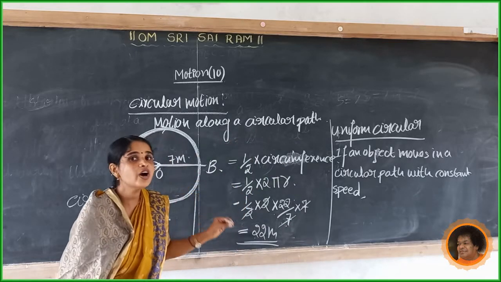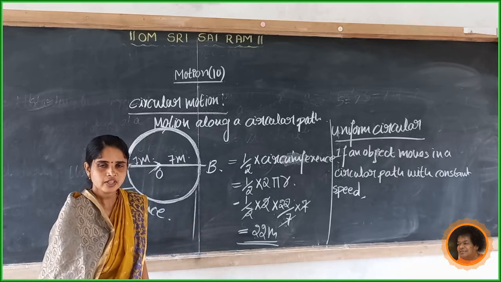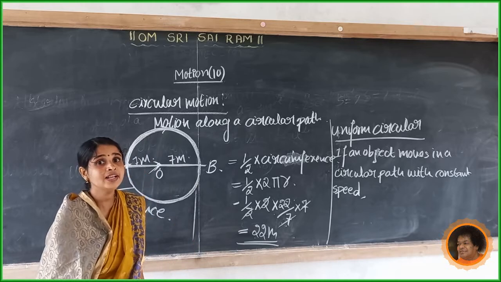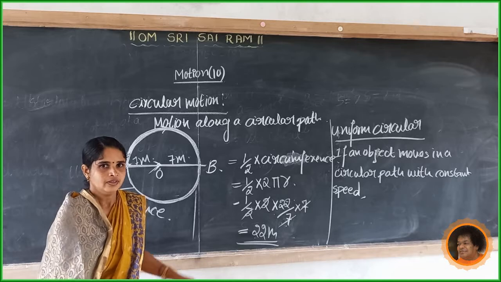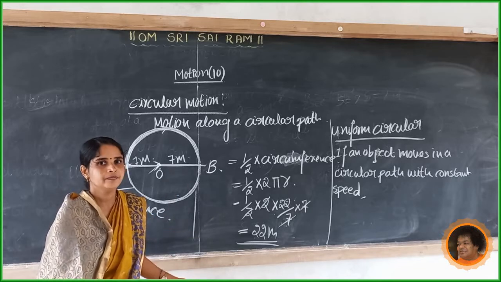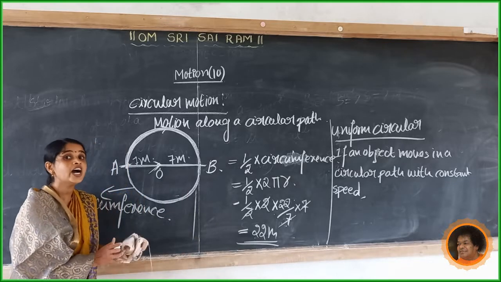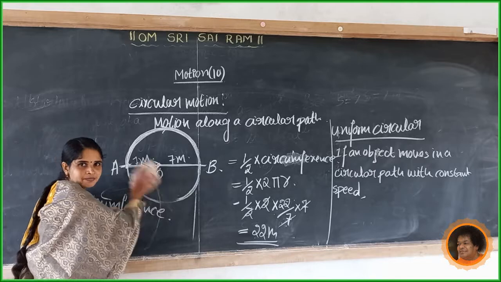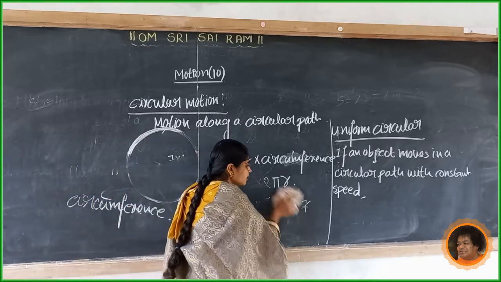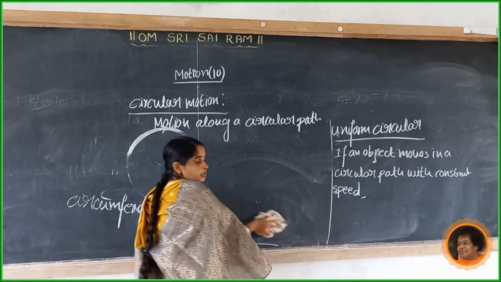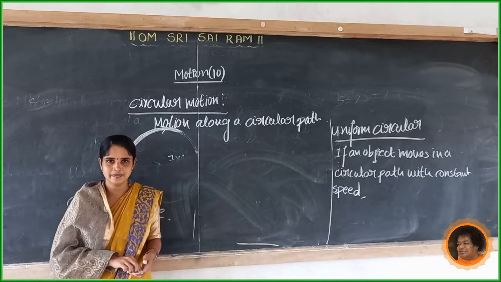In uniform circular motion, speed is constant. For example, the needle of a clock. In the previous class, we explained that the needle of a clock covers equal distances in equal intervals of time. So it is a uniform motion. Here it is a uniform circular motion, because speed is constant.